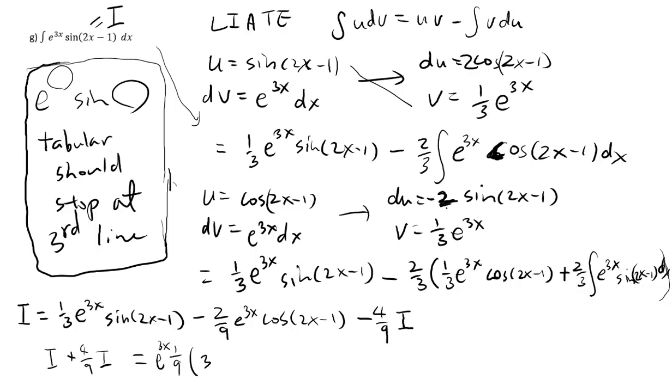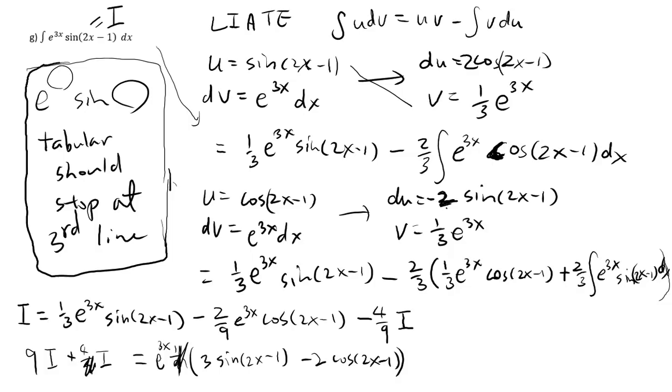So e to the 3x times 1/9 times 3 sine 2x minus 1 minus 2 cosine 2x minus 1 will be what we have. And let's just get rid of all the 9's by multiplying by 9. So it'll be 9 here, that's going to go away, that's also going to go away.